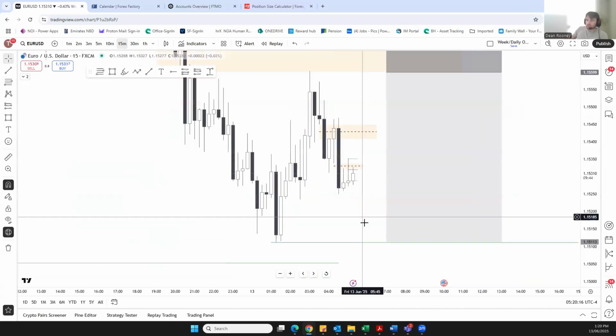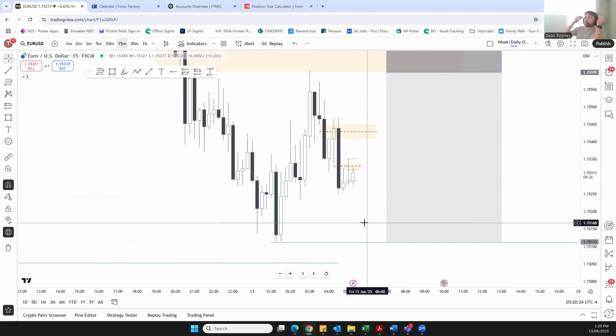I don't need to be in the weeds of a 5-minute chart and a 1-minute chart. There are times I'll look at them, but I don't really use them for framing my trades. My trades are normally framed off the hourly and the daily, the hourly, and the 15-minute.